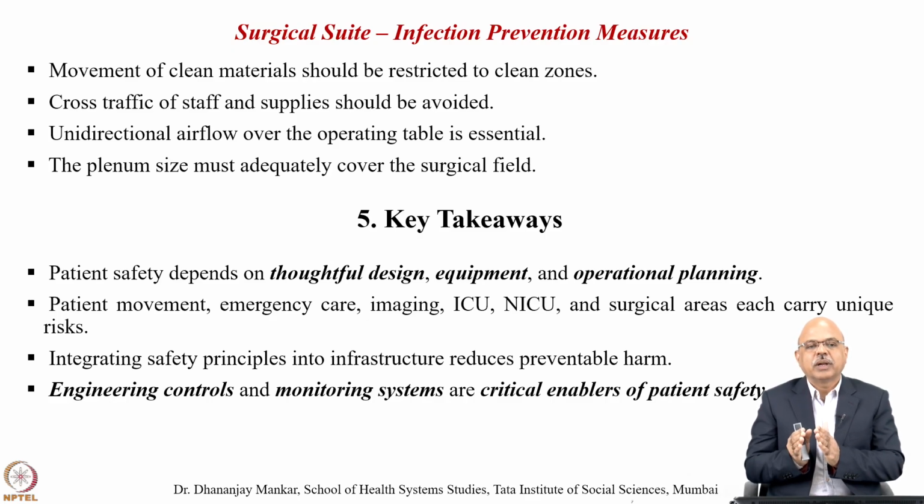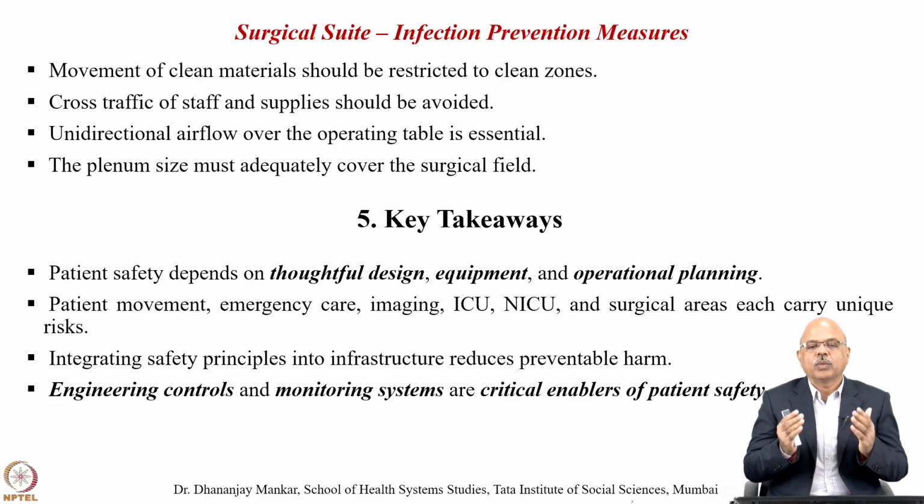So, cleaning materials and the traffic of staff and supplies should be avoided. Unidirectional airflow over the operating table is very important to ensure the process has been completed properly. The plenum size must adequately cover the surgical field, and this is how we can take the surgical suite into infection prevention measures in a proper way.